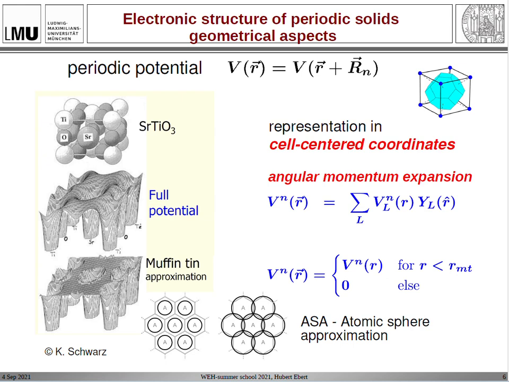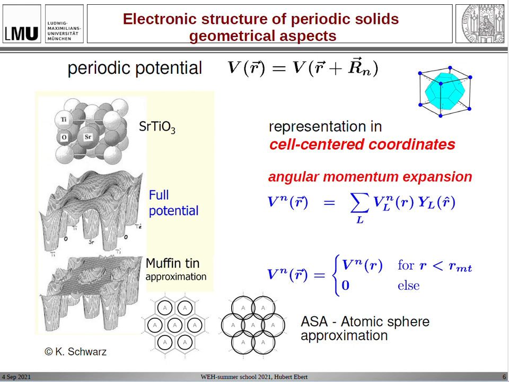We have an overlap, and we still have some empty space, but nevertheless, concerning the results, this approximation works pretty well. In fact, normally even better than a pure muffin-tin approximation. But anyhow, I will more or less use this muffin-tin or ASA approximation for the formulas we will see later.